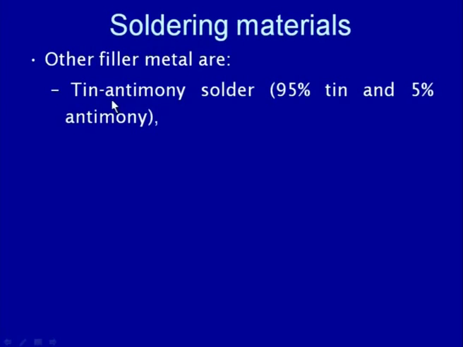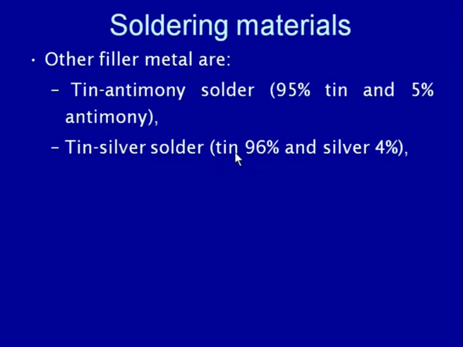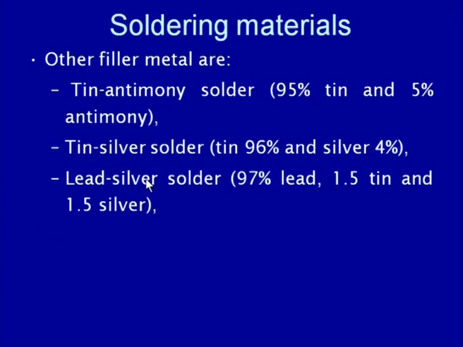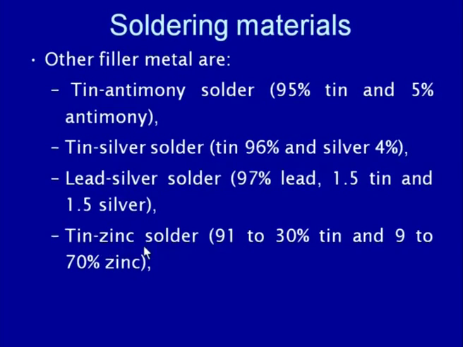There are many other soldering materials which are commonly used, like tin antimony solder having 95% tin and 5% antimony, tin and silver solder where 96% tin and 4% silver, lead and silver solder having 97% lead, 1.5% tin and 1.5% silver, and then tin and zinc solder, 91 to 30% tin and 9 to 70% of the zinc.